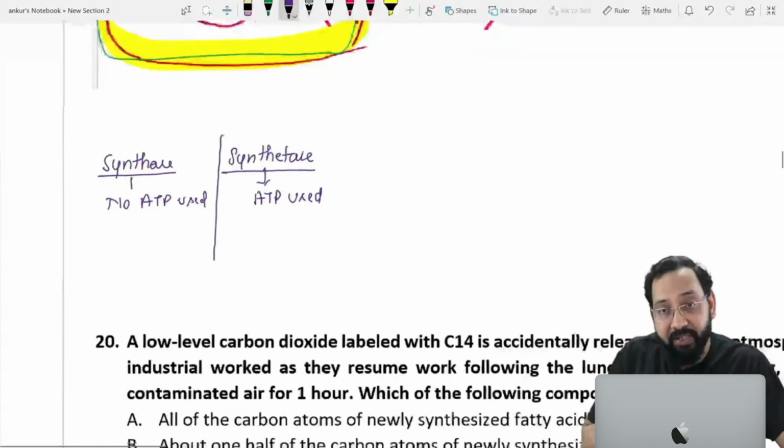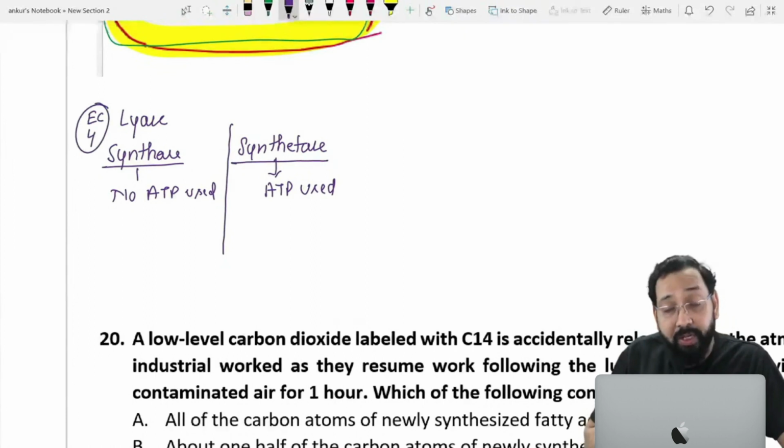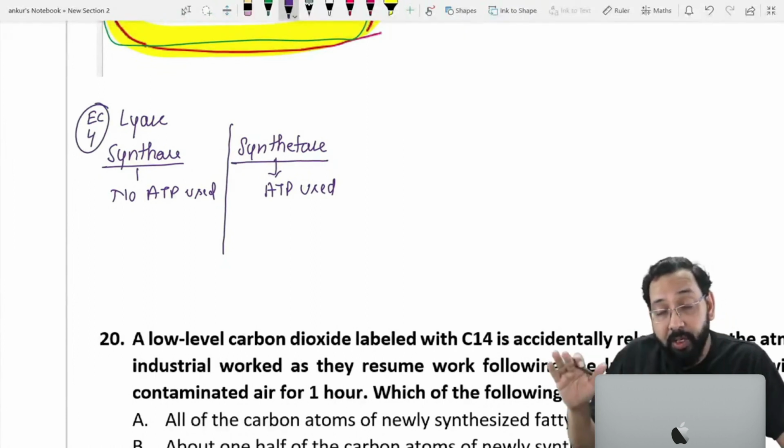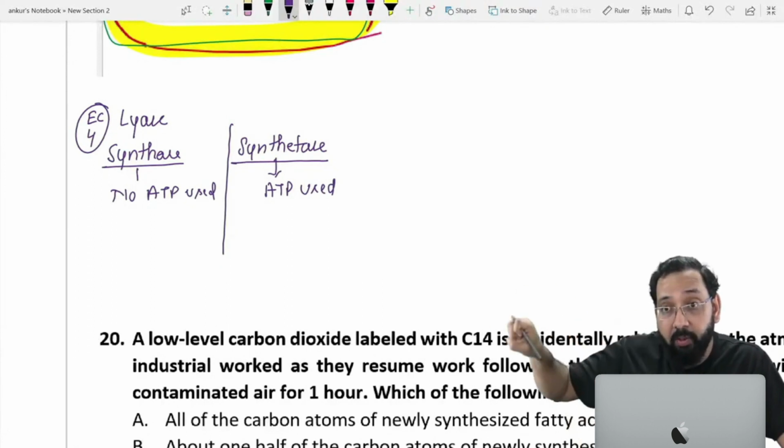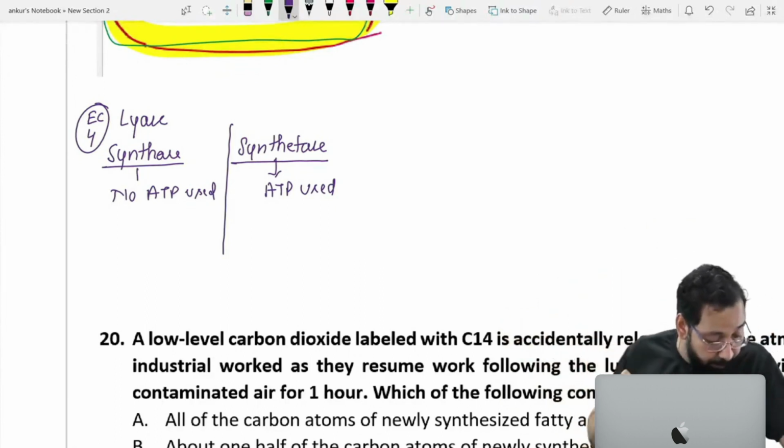ATP difference is there. And I told you all synthases are lyases, EC number 4. All synthases are lyases except glycogen synthase. Glycogen synthase transfers a glucose molecule, so glycogen synthase was what? Please do reply.